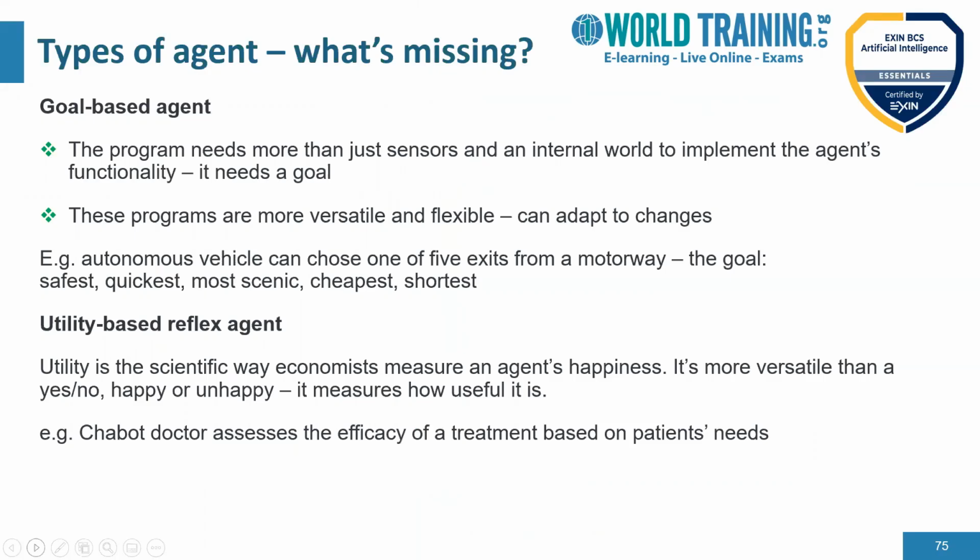They need sensors plus internal world, plus they also need certain agent functionality. So they need certain goals. Your agent requires a certain set of goals, which the agent will work to fulfill. Your agent will work to meet the specific goal which has been assigned to it.